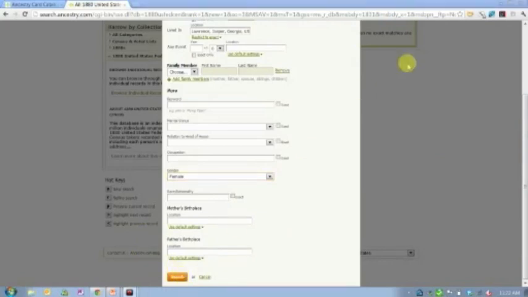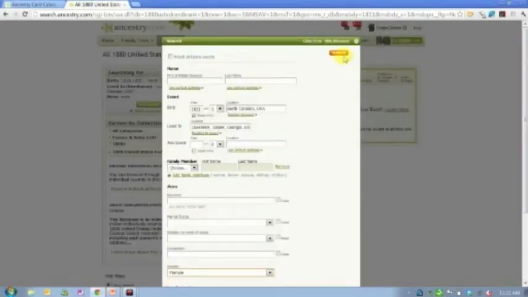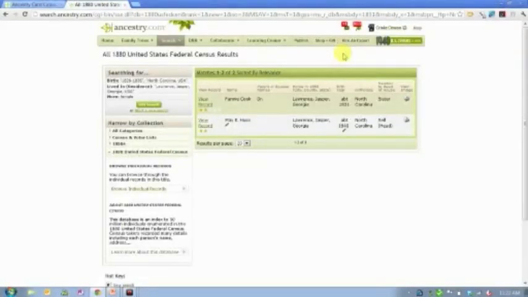It's not going to let me touch that. There we go. Search. You can have a different idea of what you're looking for than what the reality is. And then you can come and see, well, there are only 2 people, in this case they're women, 2 people who were born about this time in this exact place, living in this exact place. So I didn't even have to search with a name.